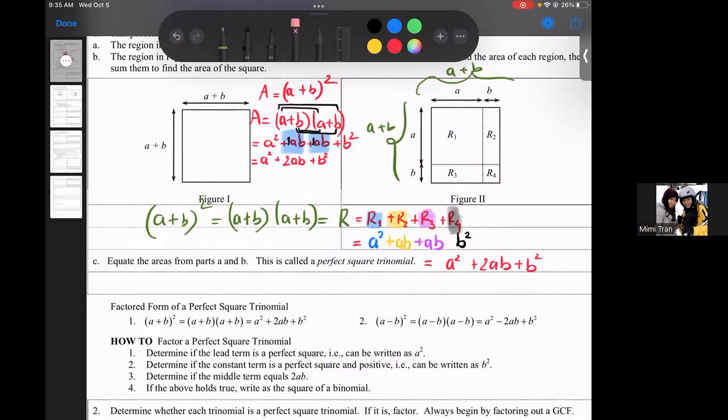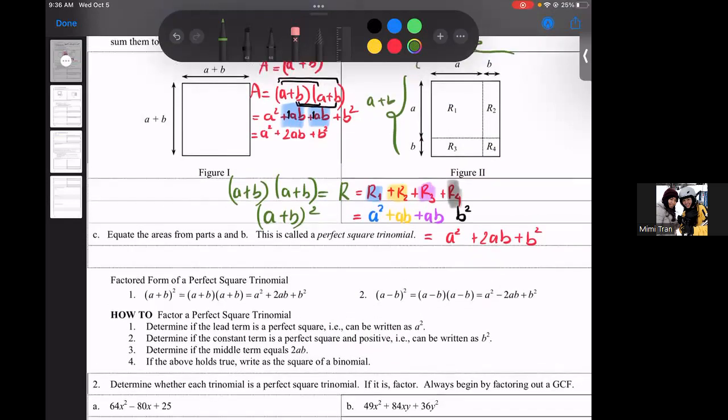Maybe I'll write it down here. So this equals this, equals this. The conclusion is that this one equals this one. So with two examples, we proved by geometry that they are equal.